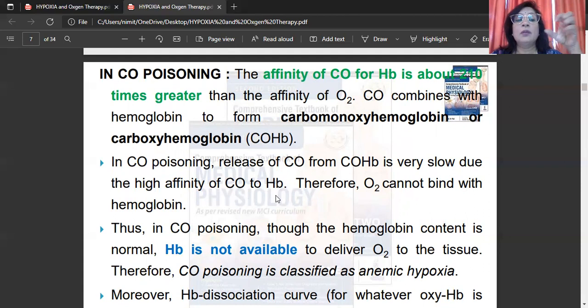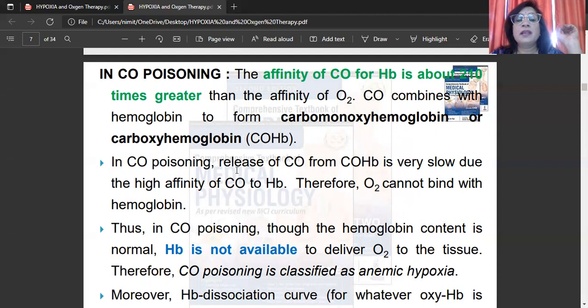So this component, carboxyhemoglobin, slows down the availability of oxygen. It has a higher affinity, so it will release the oxygen slowly. Therefore, oxygen cannot bind with hemoglobin.